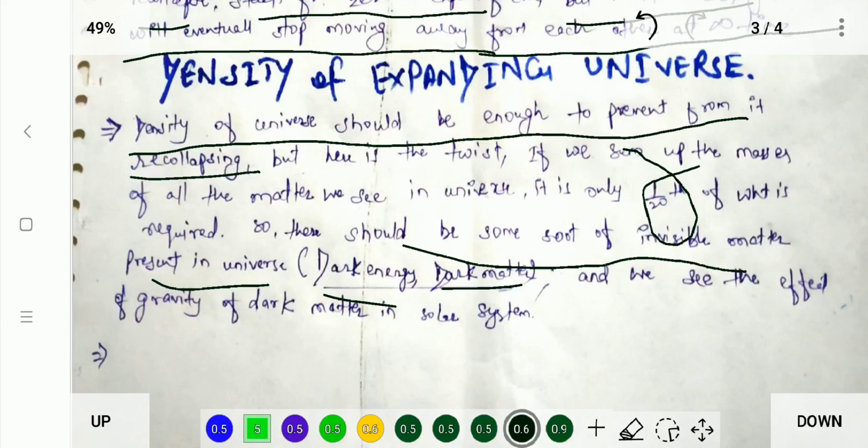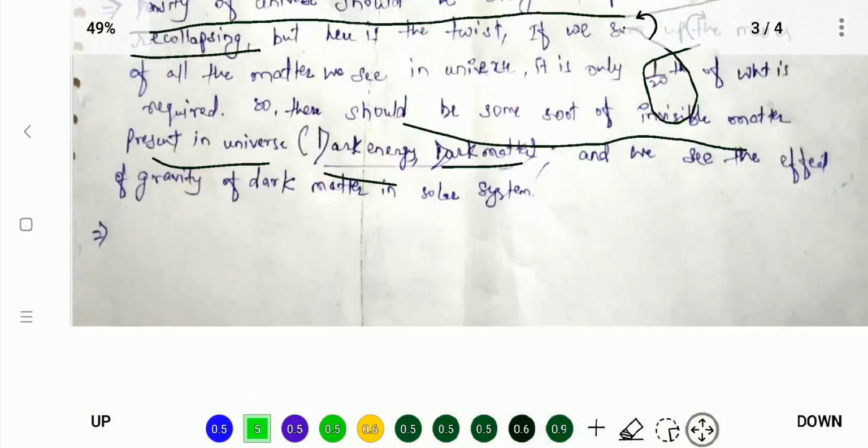The thing is that dark energy, dark matter, whatever they are, their gravitational effects are visible on a large scale. They can affect the orbits and the positions of the planets. The gravitational influence of them is visible. So that's why we conclude that there should be dark matter, and dark matter and other types of matter maybe make up 95% of the mass of the universe. So that's how it is.